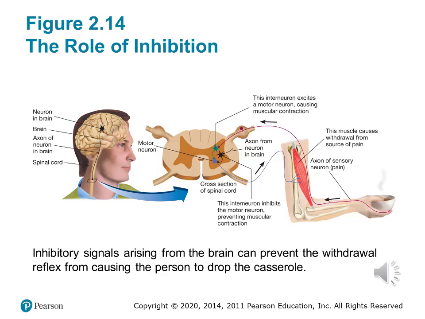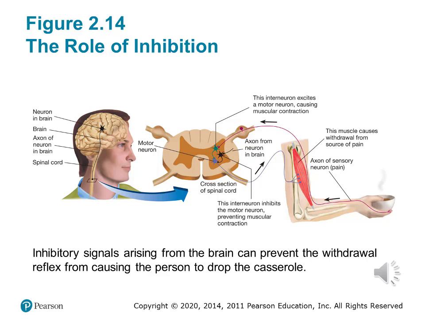The interneuron in the spinal cord excites the motor neuron, causing a withdrawal reflex of the hand, but at the same time, a neuron has an axon that travels down the spinal cord, and this interneuron inhibits the motor neuron from the withdrawal reflex, preventing the hand from dropping the bowl of soup.